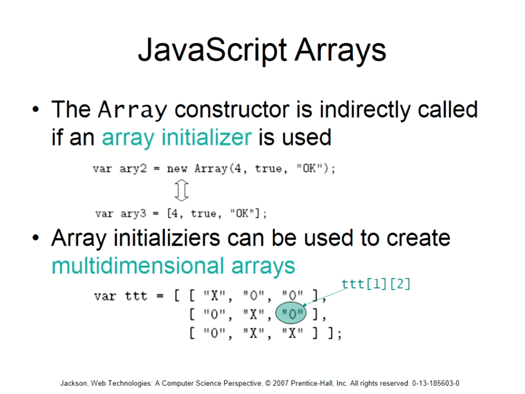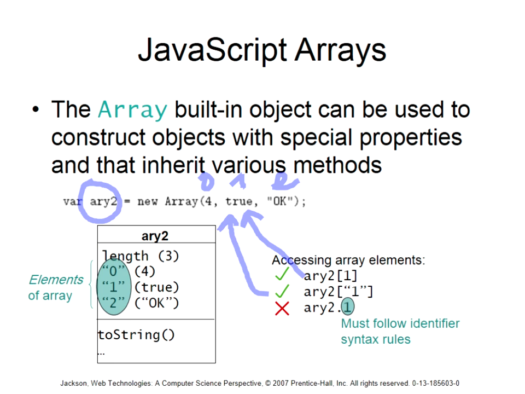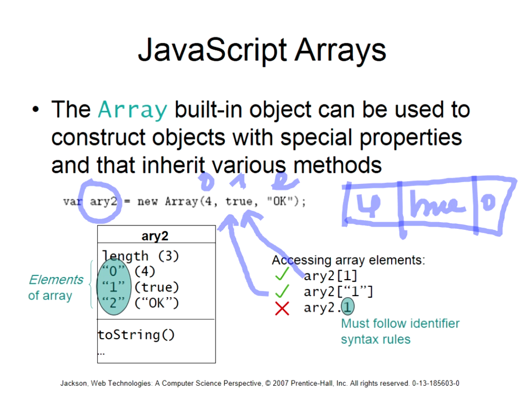So the Array constructor is indirectly called if an array initializer is used. So we can create my array with variable array2 = new Array(4, true, 'ok'). So this is an array. I have three elements: 4, true and 'ok'.